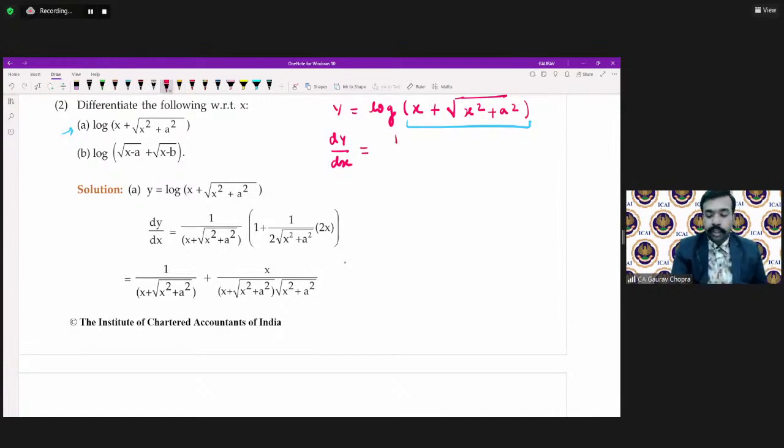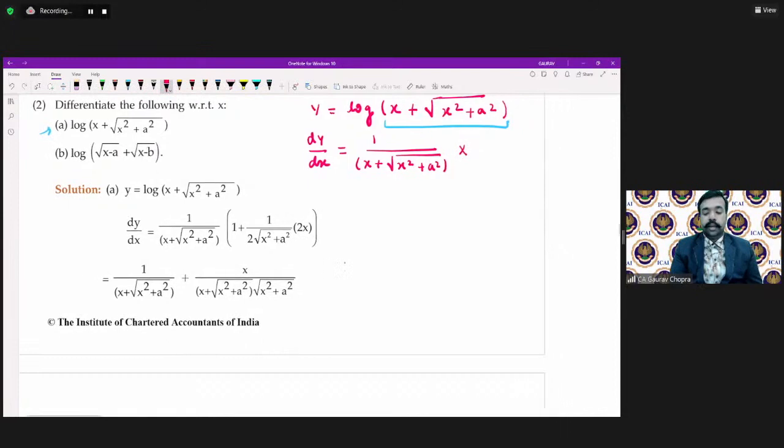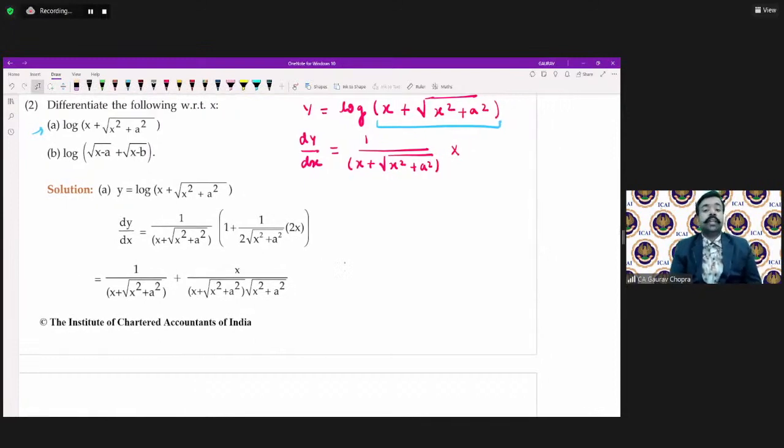So we are doing 1 divided by x plus root of x square plus a square. Now we have to multiply with the derivative of that bracket portion. So we will write d by dx of x plus root of x square plus a square.